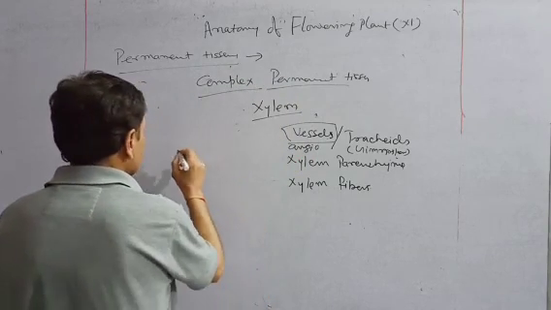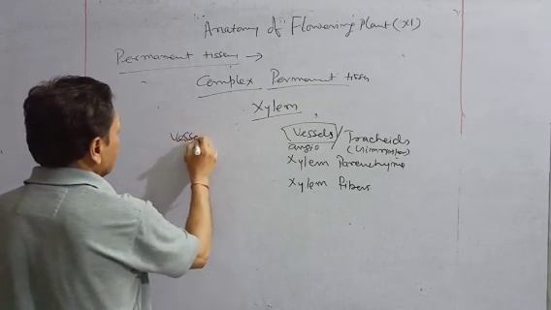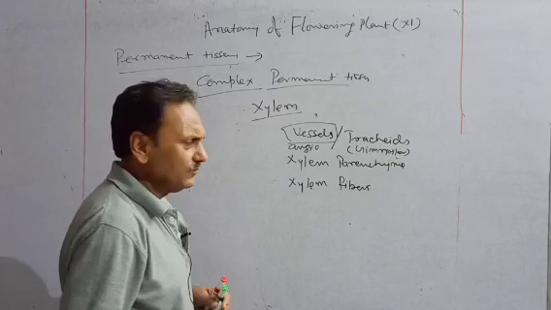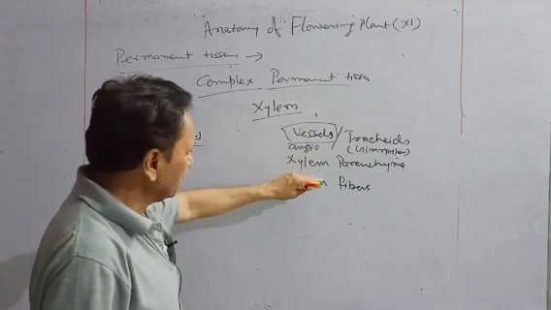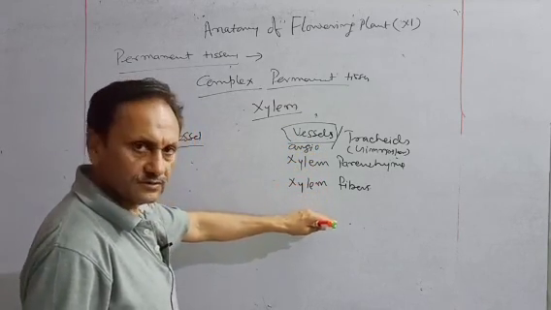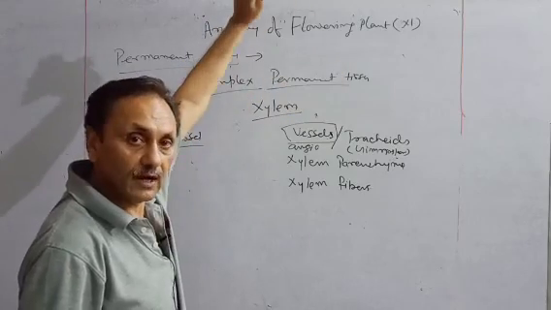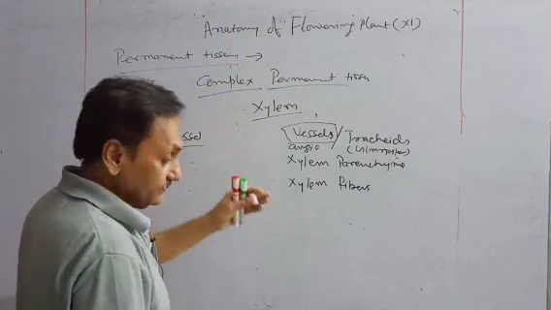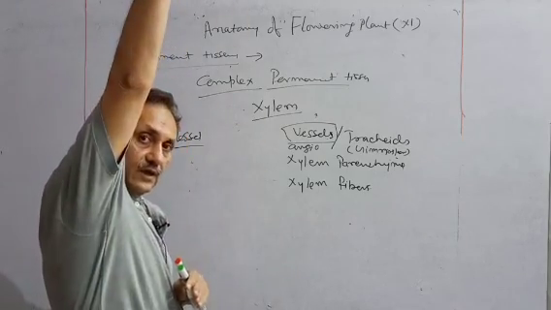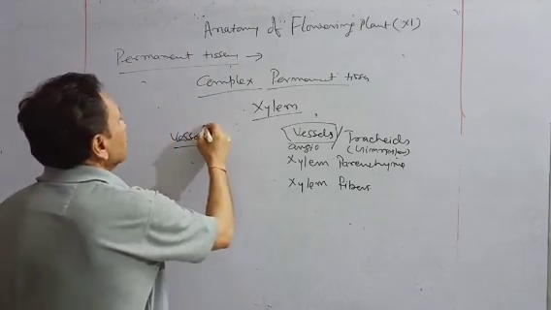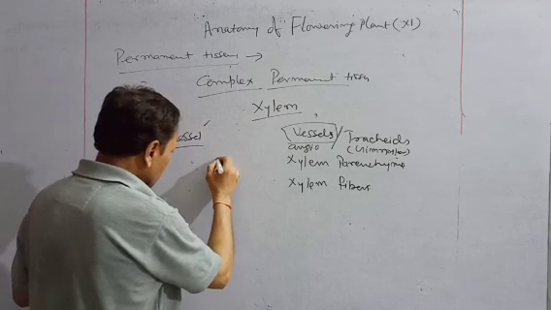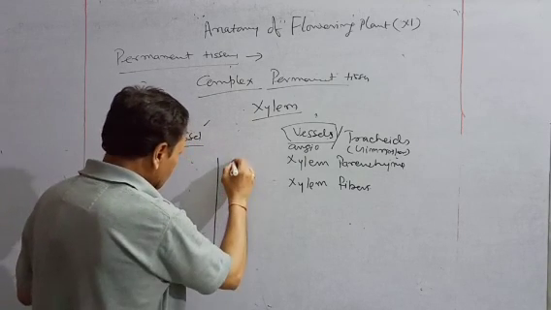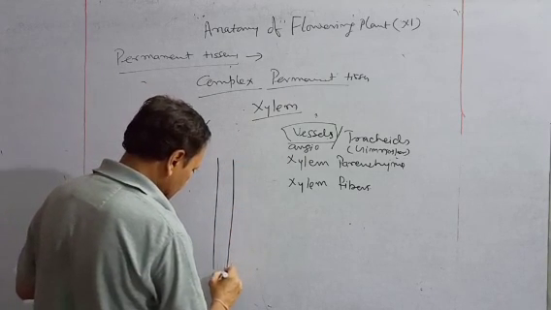Now, vessel. It is a conducting tissue because it is responsible for conducting the absorbed water and minerals from the root to the different parts of the plant. And a tube is formed from the root to the leaf, that is the vessel.